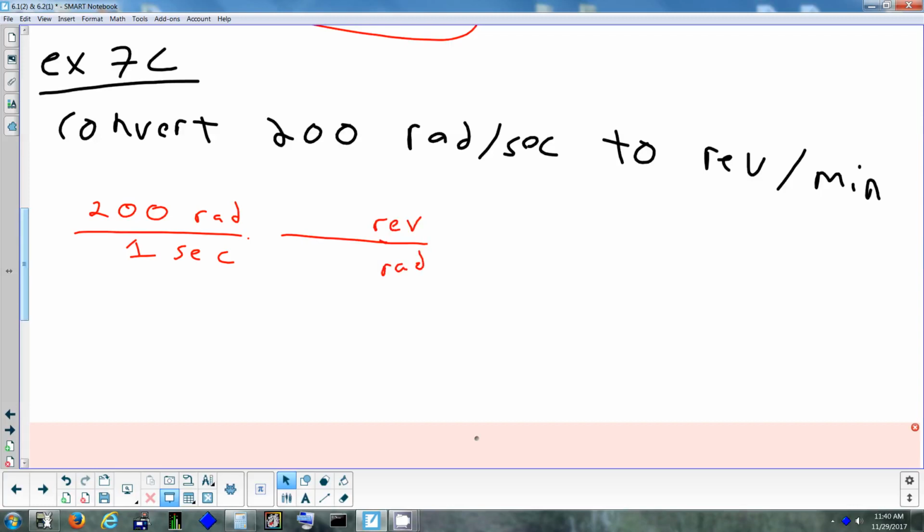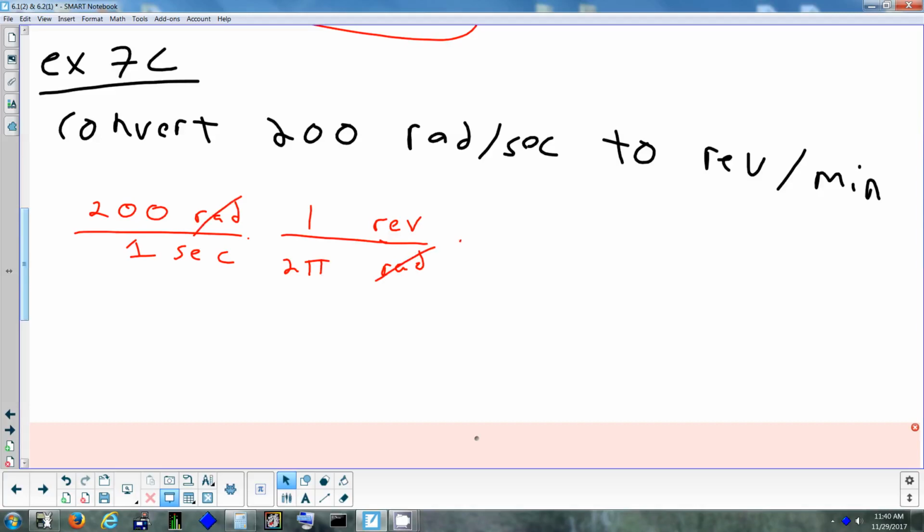Close, it's 2 pi. Okay. 2 pi is 360 degrees. So 2 pi is 1 full revolution. Okay, so that's a conversion that you have to know. 1 revolution equals 2 pi radians.